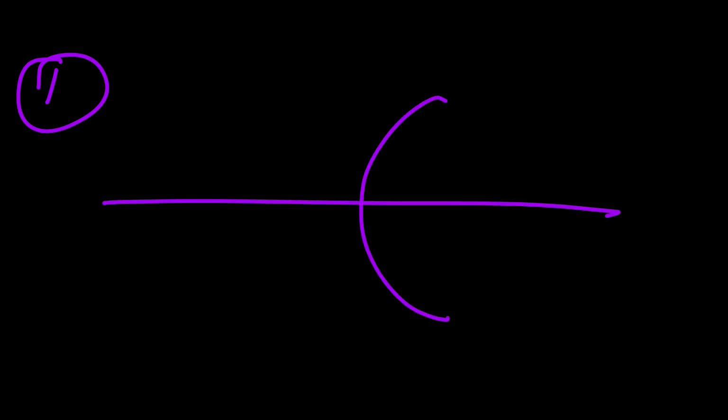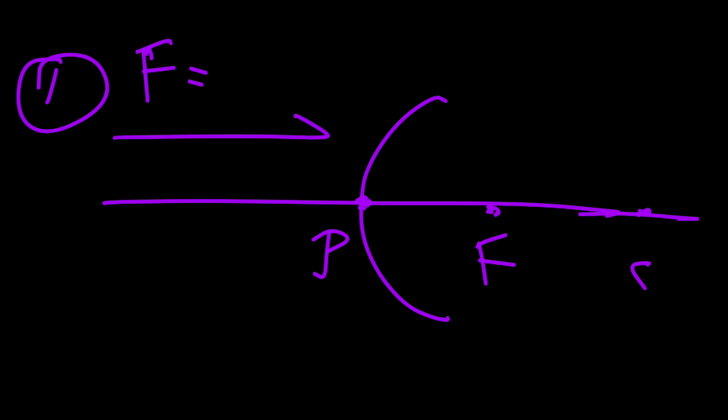So let me show you the sign conventions for this. Let's say for a convex mirror, we have the pole, focus, and center of curvature. The incident ray is towards this direction, and we measure the focus towards the direction of the incident ray.